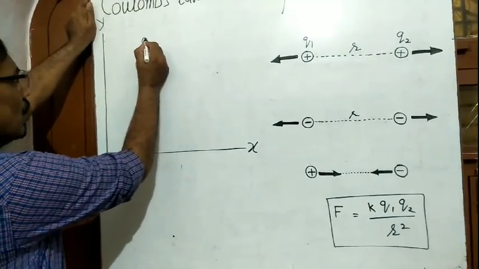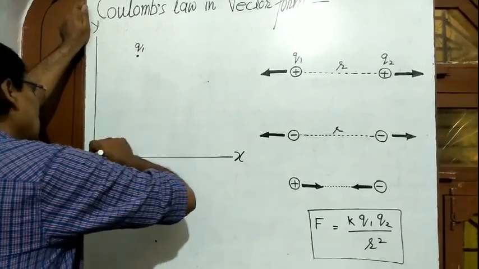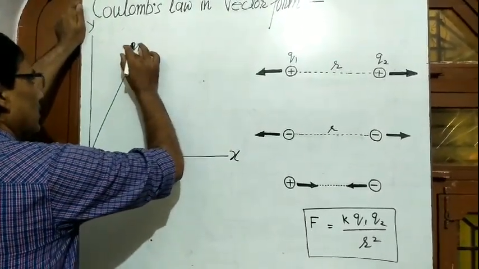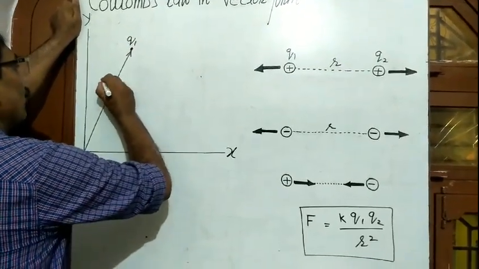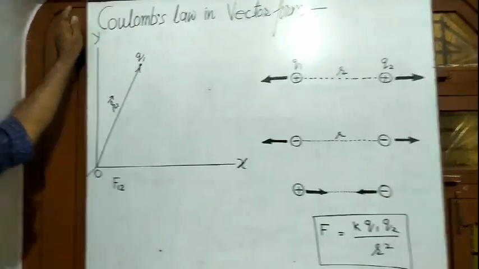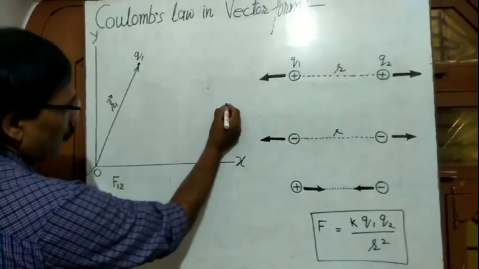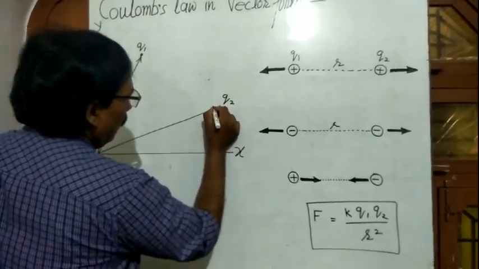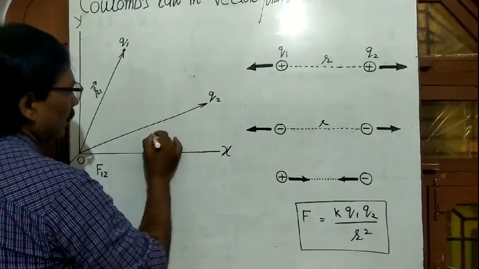Suppose this is the Q1 charge, and the position vector of this charge is vector R1. And the other charge is here, suppose Q2, and its position vector is R2.